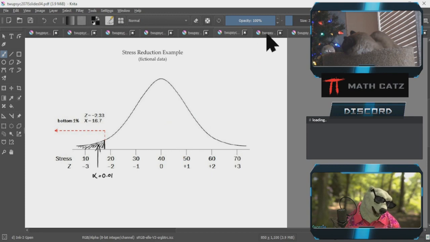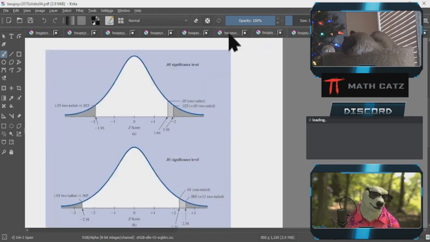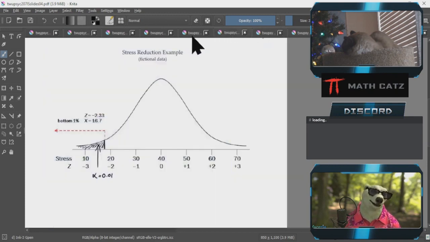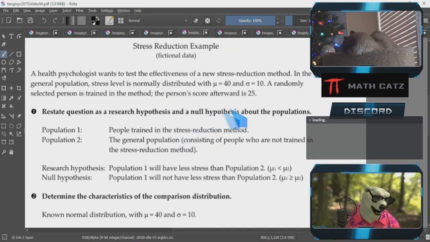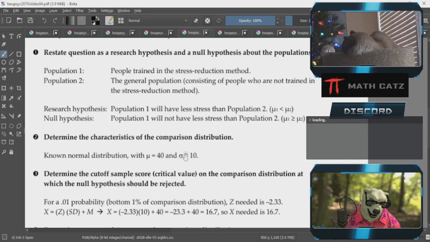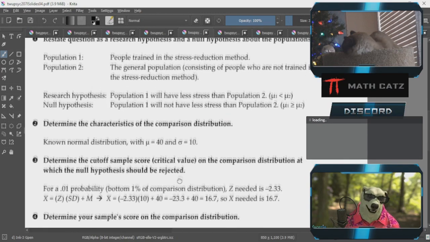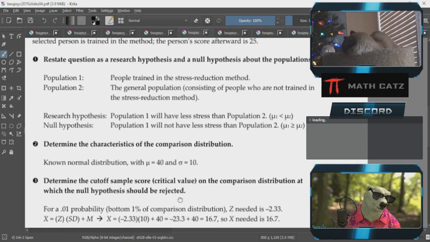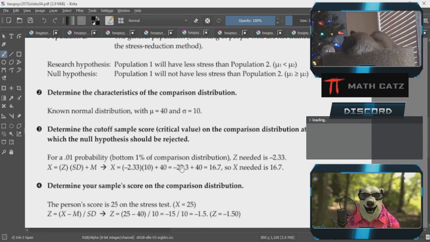So now we look at the score that oops, that's the wrong tab, sorry. Look at the score we got, which was 25. So we determined the cutoff with a 1%. We got a 25. Now we can convert that to a z-score, or we can just compare the 25. Totally up to you. What do we see?